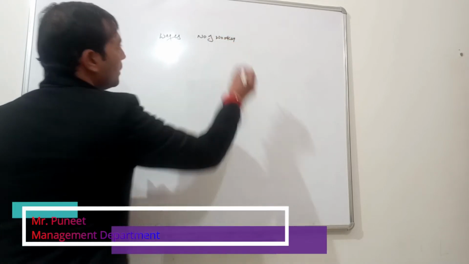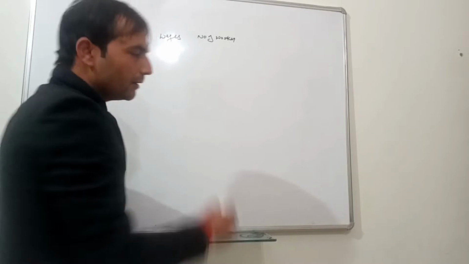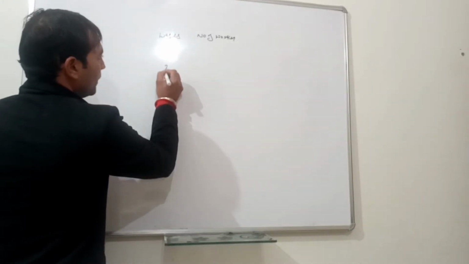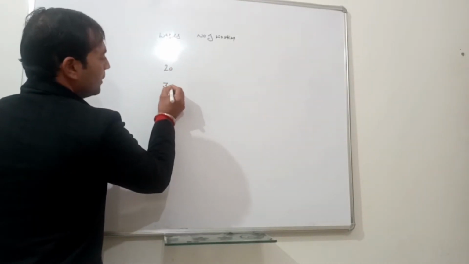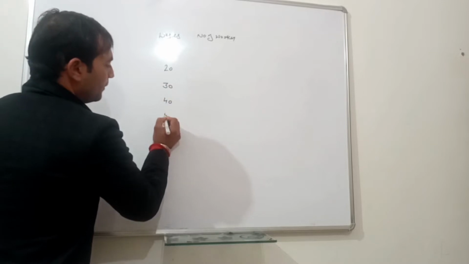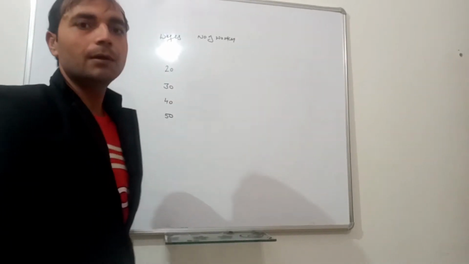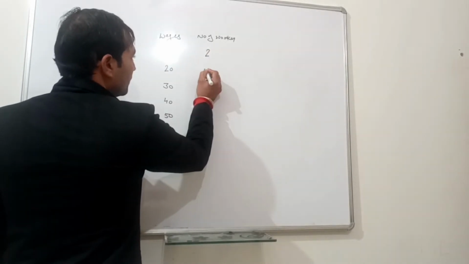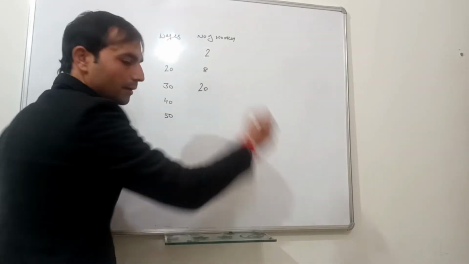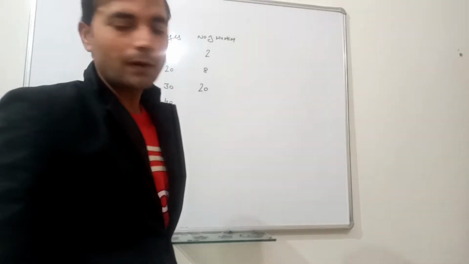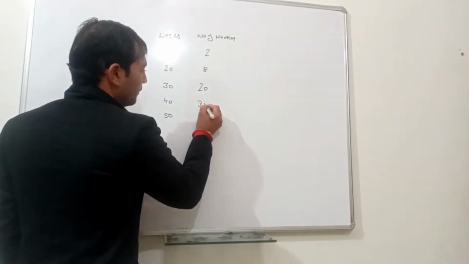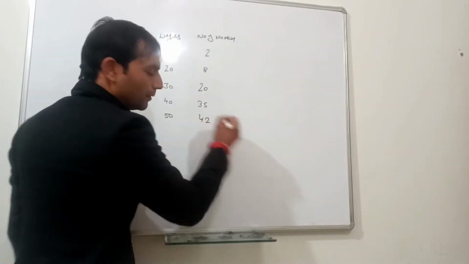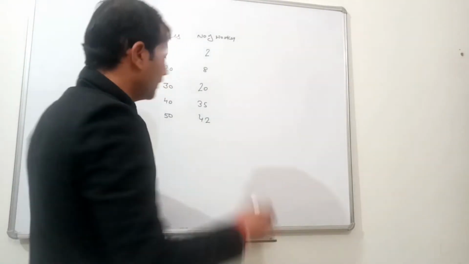Wages are 10, 20, 30, 40 and 50, and number of workers are 2, 8, 20, 35, 42 and 20.